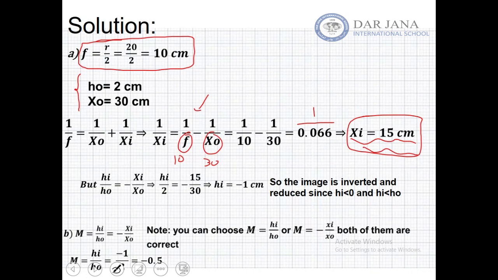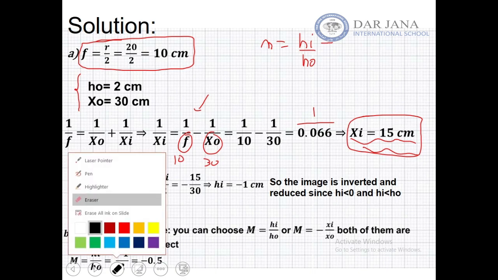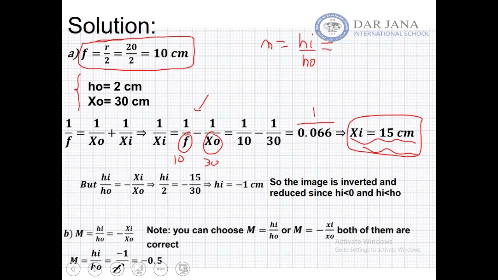In order to find hi, keep in mind this relation always. M equals hi over ho equals negative xi over xo.